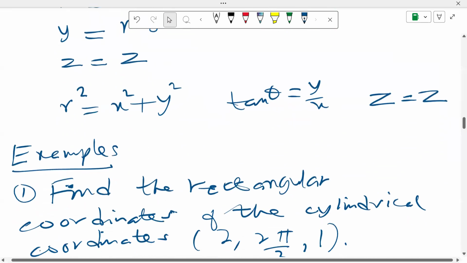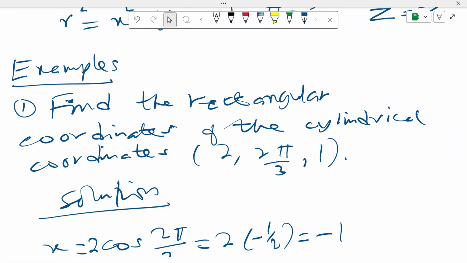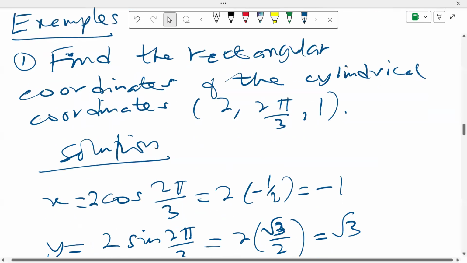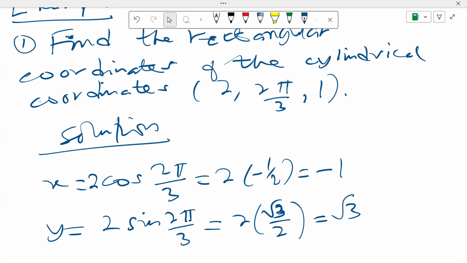Let's look at some examples. Find the rectangular coordinates of the cylindrical coordinates 2, 2 pi on 3, and then 1. So we are converting everything in terms of our rectangular coordinates x, y, and z. Our x is 2 cos 2 pi on 3, so we get 2 into negative half, and that gives us negative 1.